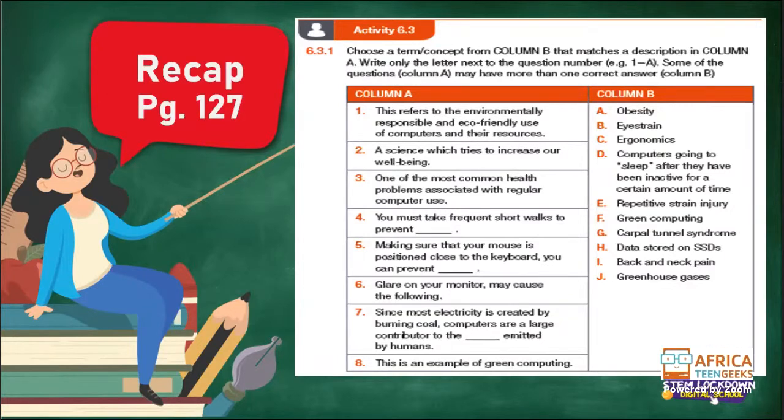So what you are simply going to do, as usual, is enter either A, B, C, or D, or whatever we have there. Let's see the first one, number 1: this refers to the environmentally responsible and eco-friendly use of computers and their resources. What could this be? Let's see.